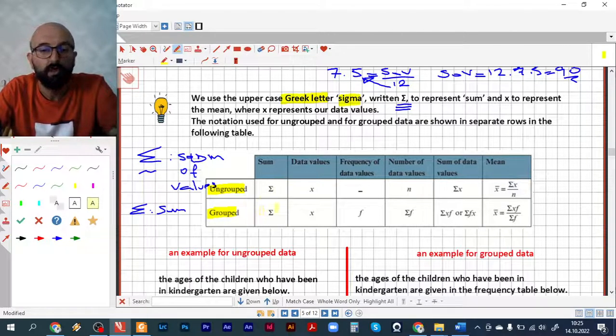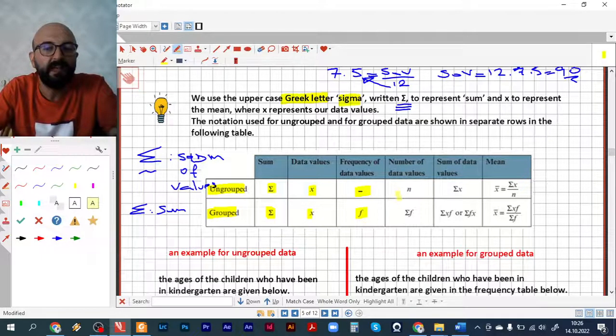What will we do for ungrouped data or grouped data for computing the mean? The first symbol is sigma, please remember that, and data values are shown as x. For ungrouped data we have no frequency, but for grouped data we have frequencies.